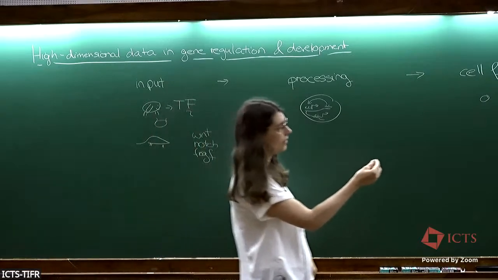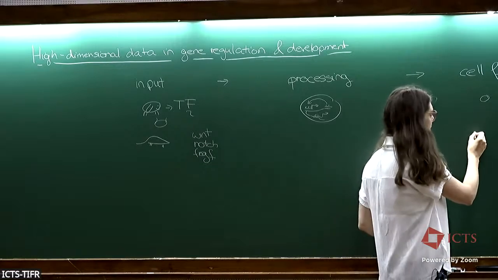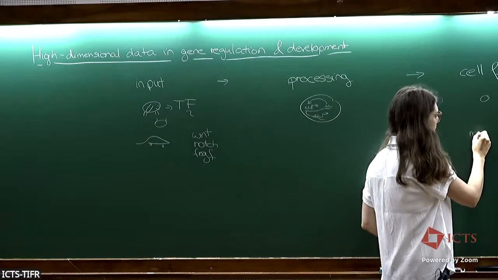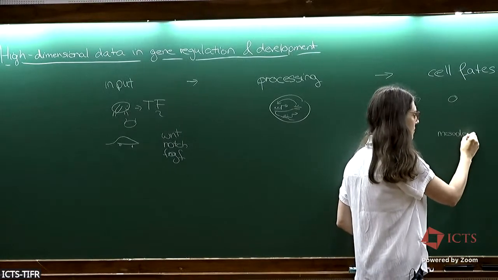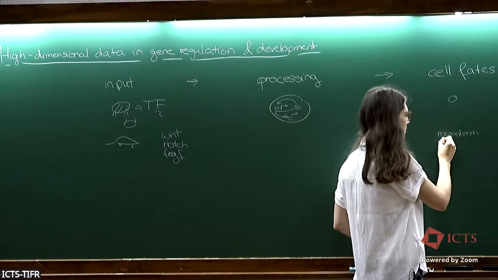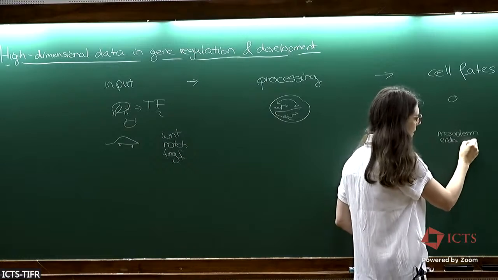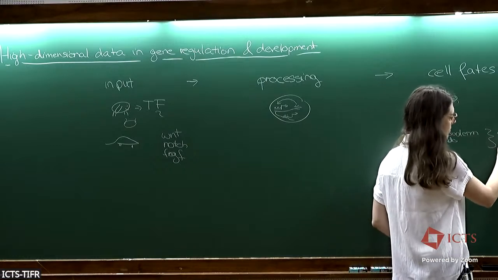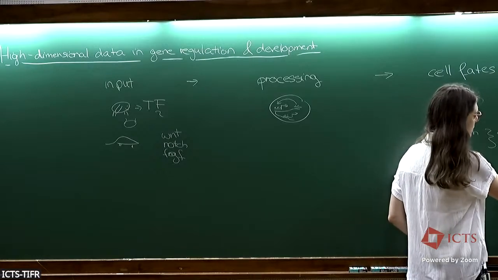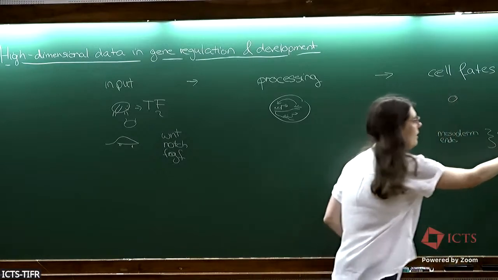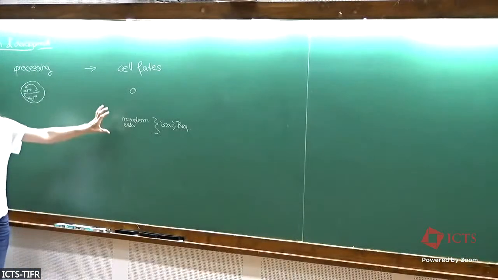Cell fates here are often classified with markers, which typically mark different cell fates in terms of what type of tissue they form later, so mesoderm, endoderm, ectoderm, and so on. And they are typically marked by, probably many of you will have seen this, markers like Sox and Brachyury and others. So this is on the output.